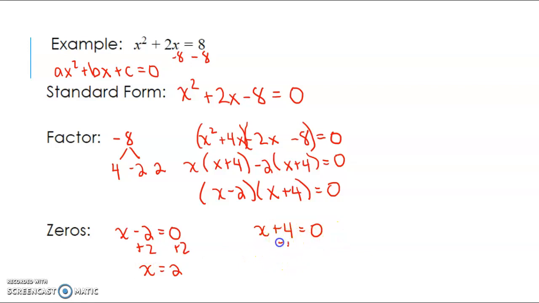And I'm going to minus 4 to both sides. So I know in this parabola that it is going to open up because a is 1. And I know that it is going to cross the x-axis at 2 and -4.